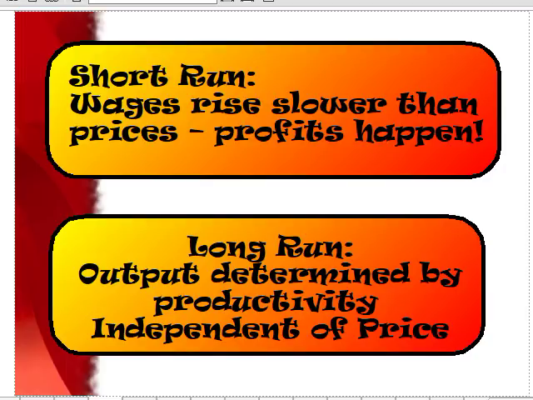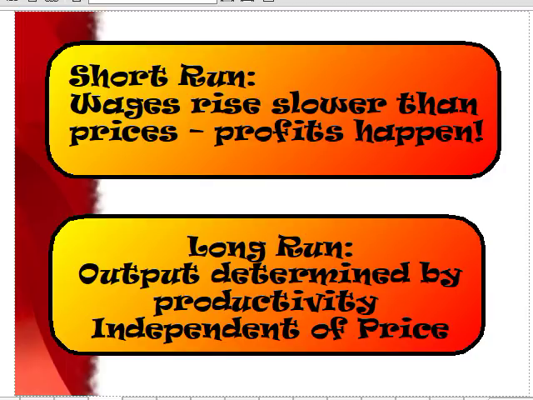Imagine that you're a worker and prices are going up. You're liable to go to your boss and ask for a raise. Your boss is going to be slower to raise your wages than they are to raise prices. When things happen, Starbucks is quicker to raise the price of the beverage than they are to give all their workers a raise. For a while, they make a lot of profit.